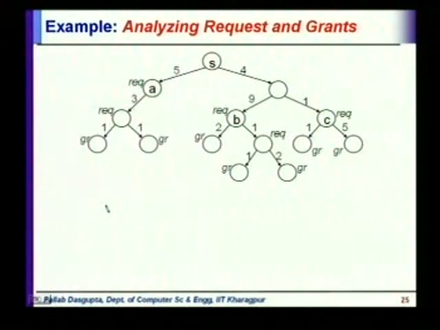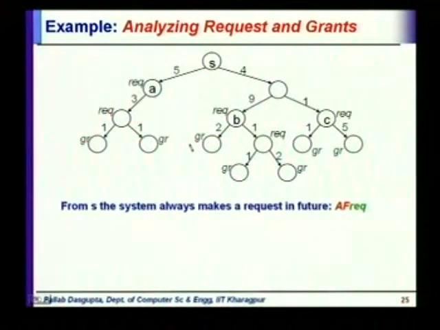Let us look at some more examples. This is a computation tree which has two types of signals, namely request and grant. Okay. From S, the system always makes a request in future. So we are asking, is AF request true, and what is the answer?